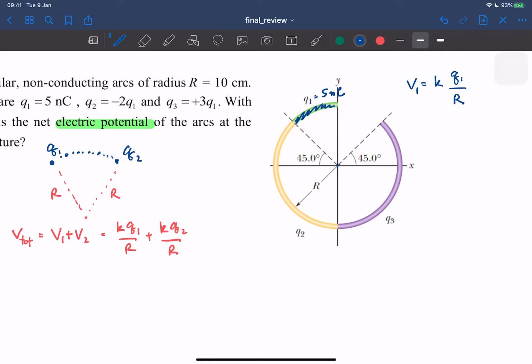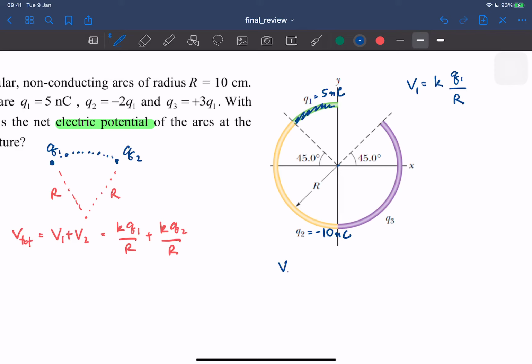For Q2, it's the same thing. Q2 is minus 2 times Q1, so it's going to be minus 10 nanocoulomb. But again, it's distributed along this curve, which is an equal distance from this point here. So you can just add up, and you're going to have the total charge be minus 10 nanocoulomb.